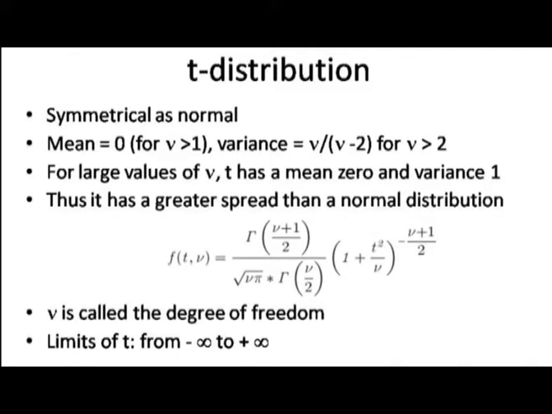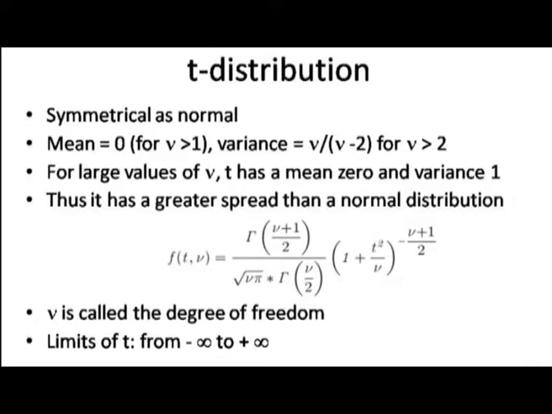And a parameter of T, an unknown constant of T, would be nu. This nu defines the whole shape of the distribution. Nu is the parameter, the unknown constant, and it is called degrees of freedom.